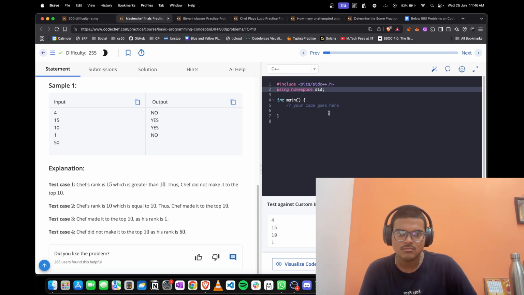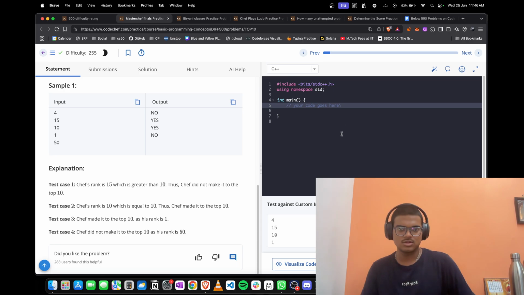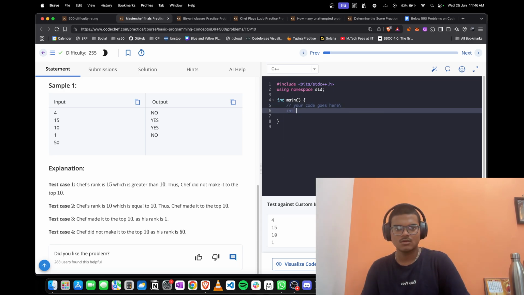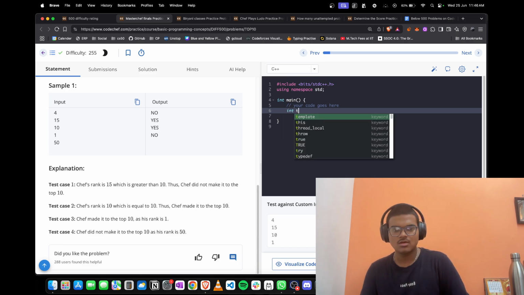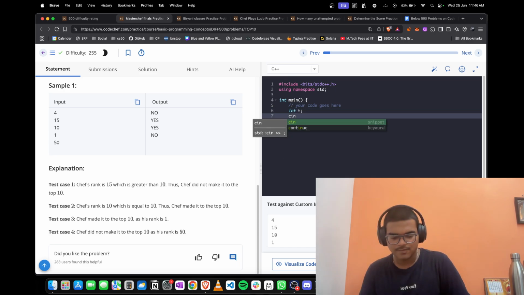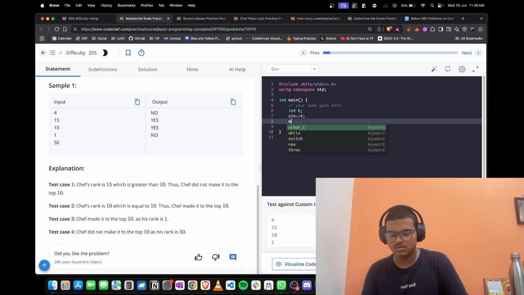So let's find the solution. We are making one variable for test case.